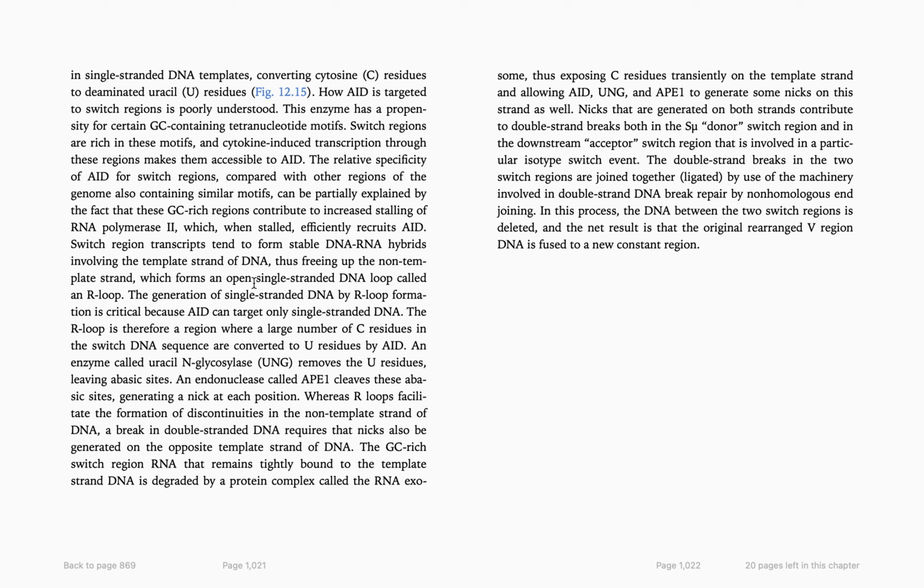Switch region transcripts tend to form a stable DNA-RNA hybrid involving the template strand DNA, thus freeing up the non-template strand, which forms an open single-stranded DNA loop called the R loop. The generation of single-stranded DNA by R loop formation is critical because AID can target only single-stranded DNA. The R loop is therefore a region where a large number of C residues in switch DNA sequence are converted into U residues by AID.